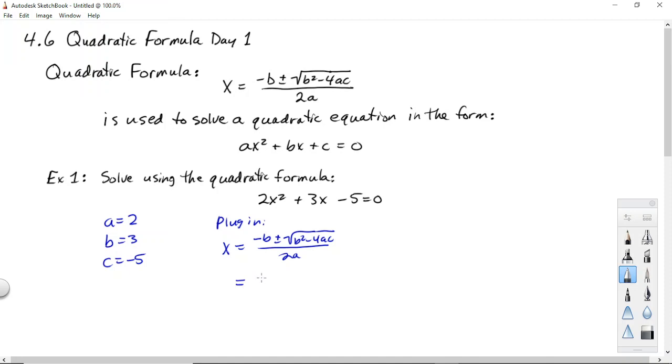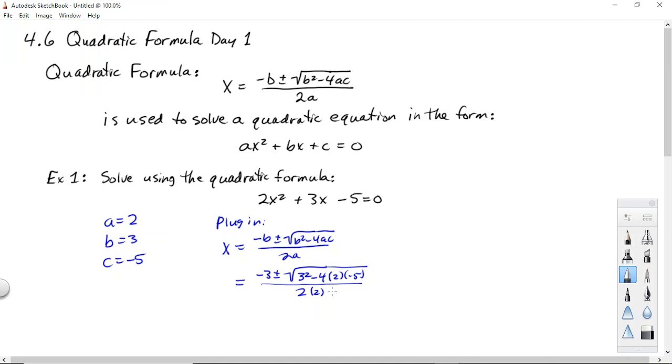So b was 3, so negative b is negative 3 plus or minus. And we have the square root of b squared, so that's 9 squared. I'm sorry, not 9 squared, 9. But I'll tell you what, I'll first write it down as 3 squared. 3 squared minus 4ac. 4 times a is 2, c is negative 5. And that is all over 2 times a, and a again is 2.